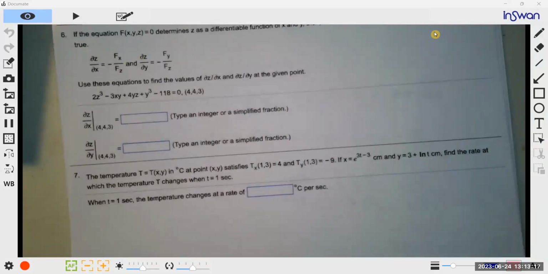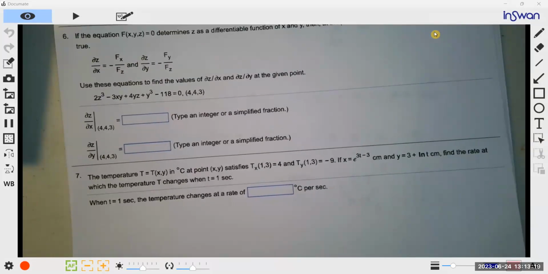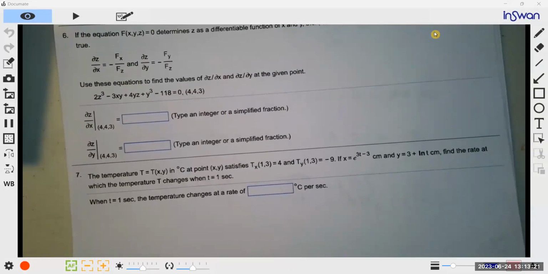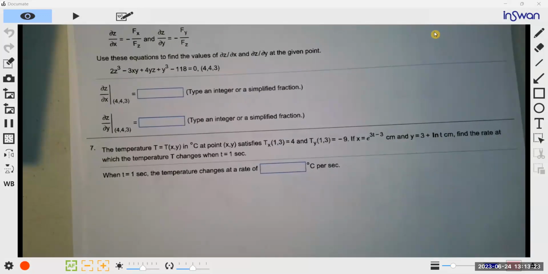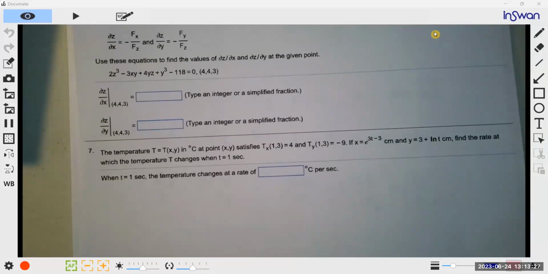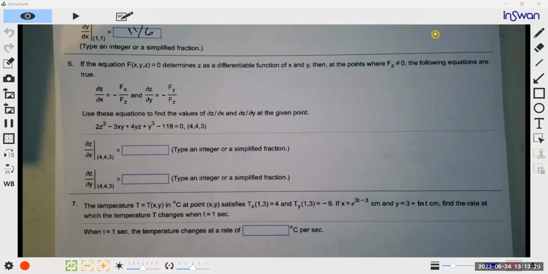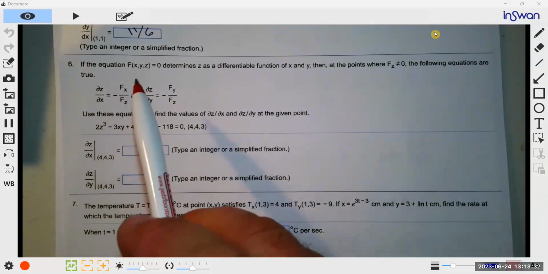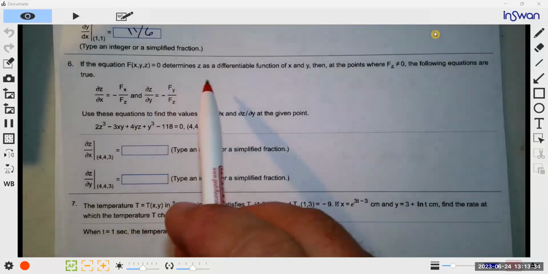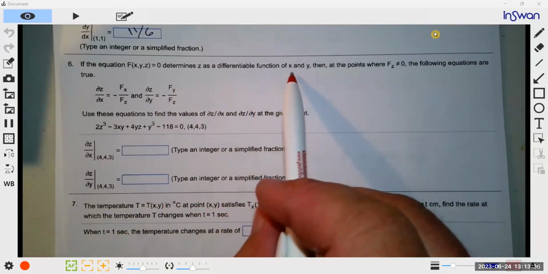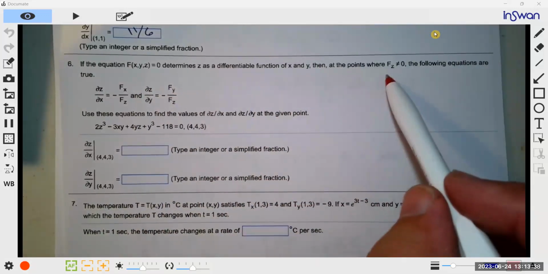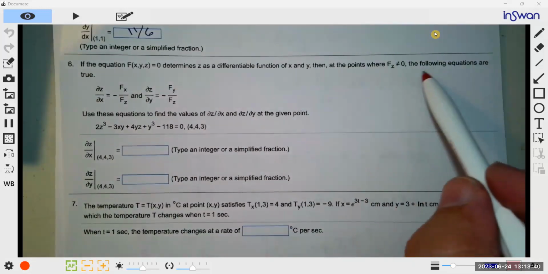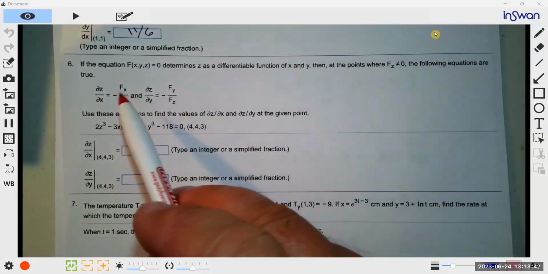All right. Now number 6. If the equation F(x, y, z) equals 0 determines z as a differentiable function of x and y, then at the points where F_z is not equal to 0, the following equations are true.